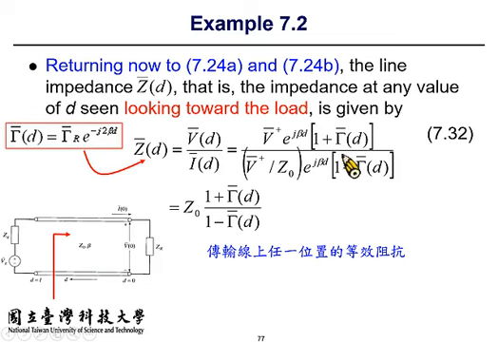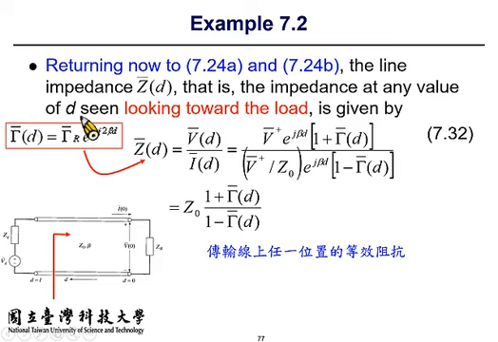Then, in this slide, you can find the reflection coefficient at any place on the transmission line by knowing that the reflection coefficient at a certain position, say gamma at d, can be found by taking the product of gamma at the termination times the phase variation due to propagation.